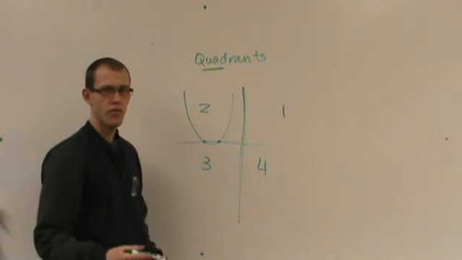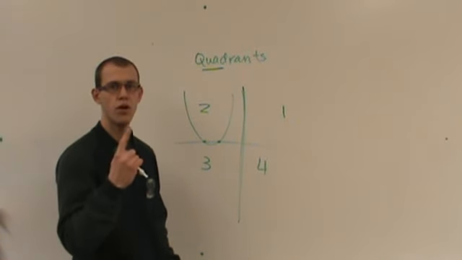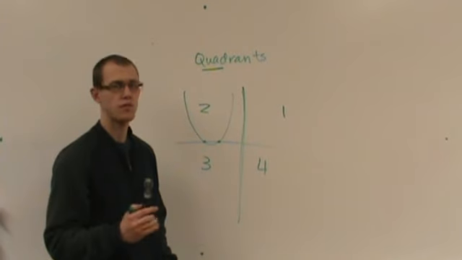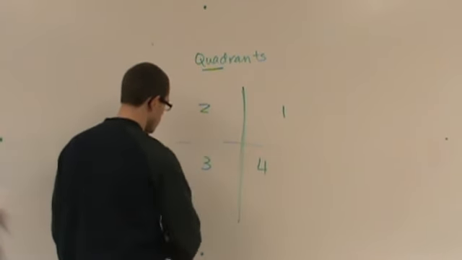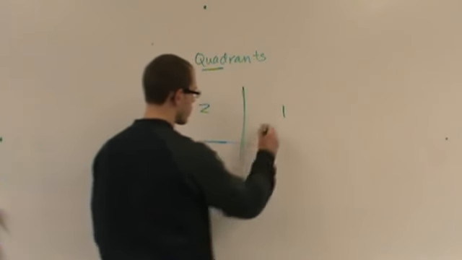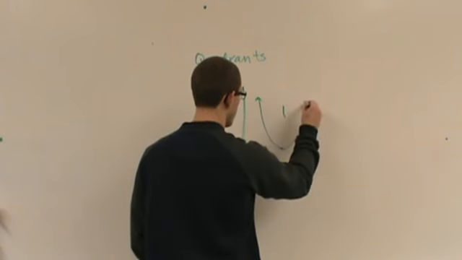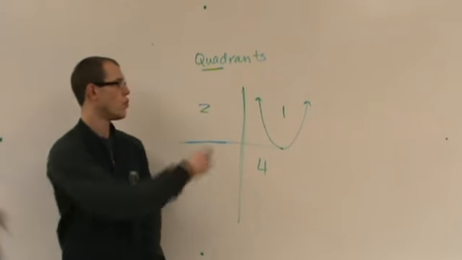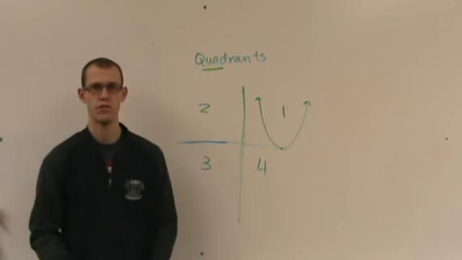Okay? How about this? Graph a parabola in quadrant 1 with 1 x-intercept. Okay, let me erase this one. And here we go. We're in the first quadrant, and there's only 1 x-intercept.